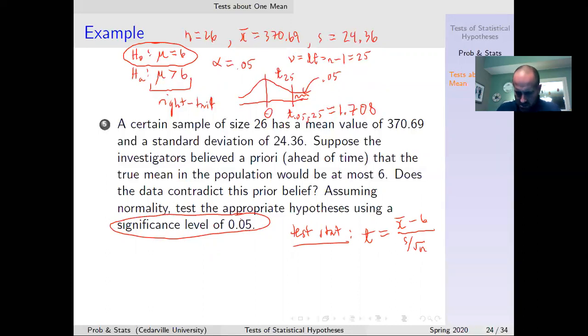I'll compute that real quick. X bar is 370.69 minus 6, and I divide that by s over the square root of n, which is 24.36 divided by the square root of 26. And I get 76.34.